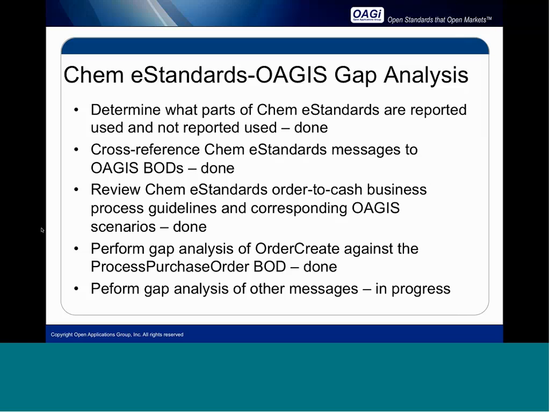The next step was to review CHEMI Standards order-to-cash business process guidelines and corresponding OAGis scenarios, and we've done that. The next thing was to perform a gap analysis of the order create message against the Process Purchase Order BOD, and that was done. And then perform gap analysis of other messages, and that's in progress. We've moved on to invoice, for example.